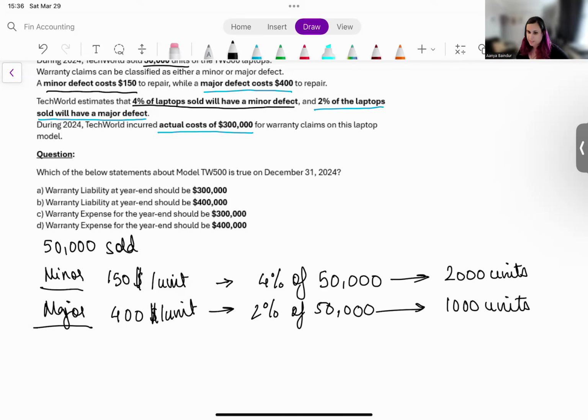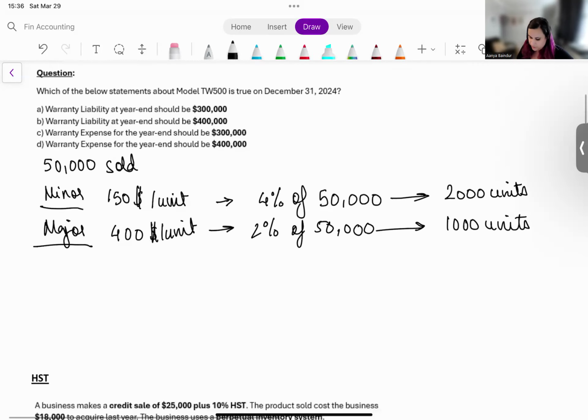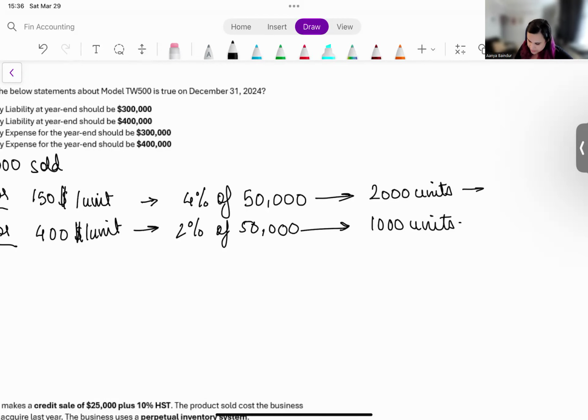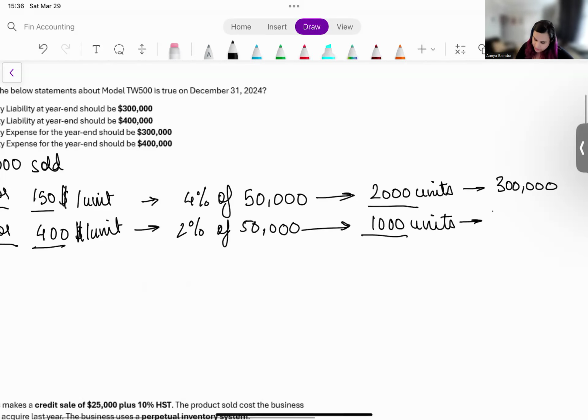Now let's see what the minor and major damages are estimated to cost us in total. 2,000 units, each one will cost us $150, so 2,000 units times 150. This portion will cost us $300,000. And 1,000 units, each of which will cost us $400, gives us $400,000. So the total amount that all our warranties are expected to cost us is $700,000.